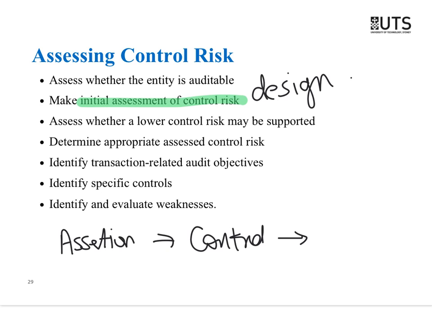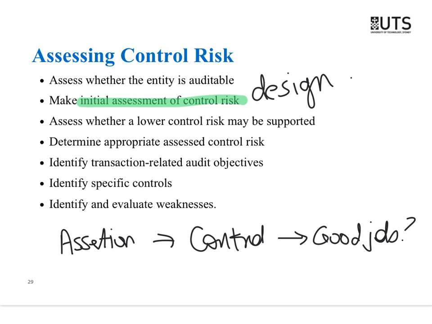And does that control do a good job of preventing that misstatement? So is there a process to make sure that every sale is made to a real customer? Is there a process to make sure that every sale at Woolworths is done at the right price? We've got barcode scanning as a control.